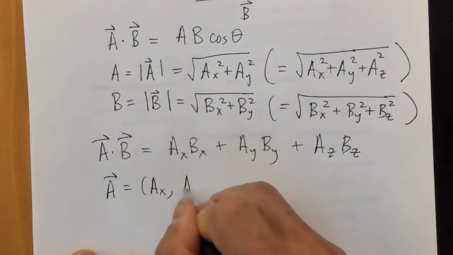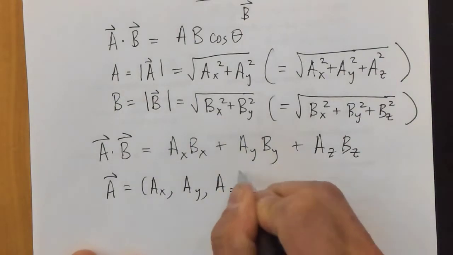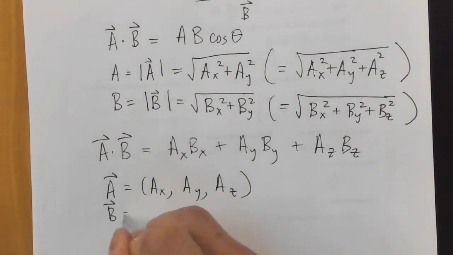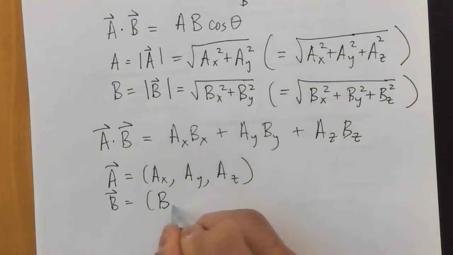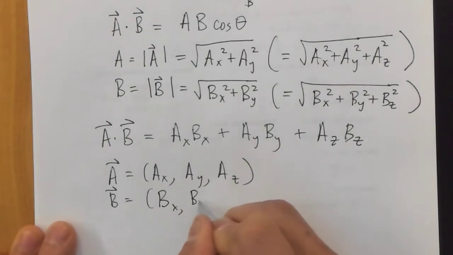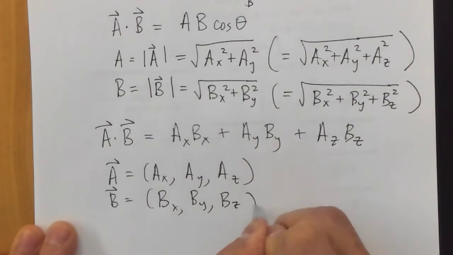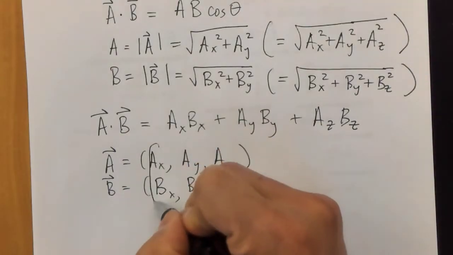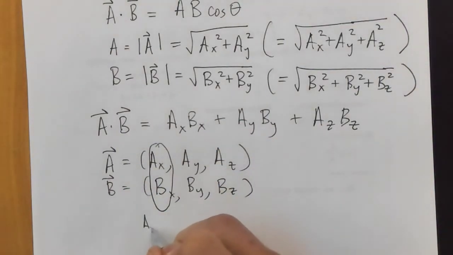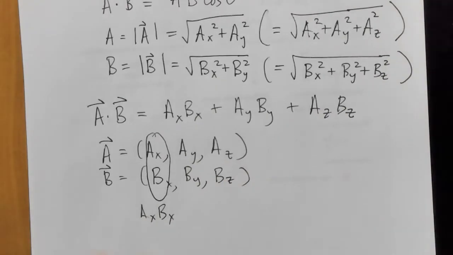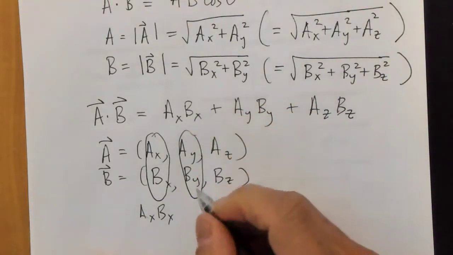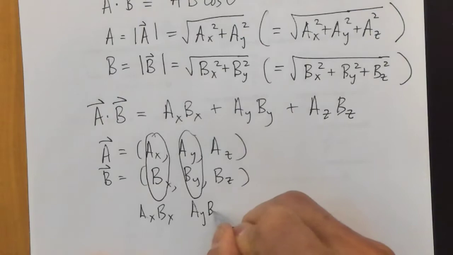So we have these 3 components and these 3 components. What you do is you multiply these together, so you get AX BX. You multiply these together, you have AY BY.